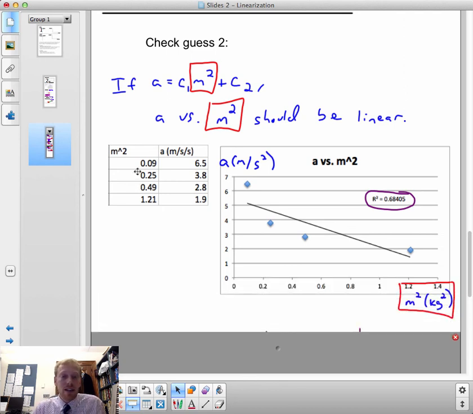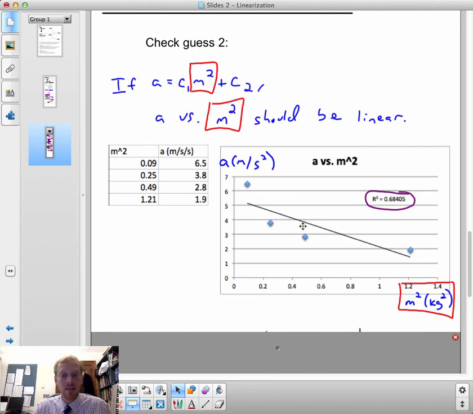So I've done it. I've made Excel give me a linearized data table, or I'm attempting to linearize the data. I display m squared and a. Now the thing that I'm graphing on the horizontal axis is the mass squared. That would be measured in kilograms squared. And if this is a true equation, then this graph should be a line.